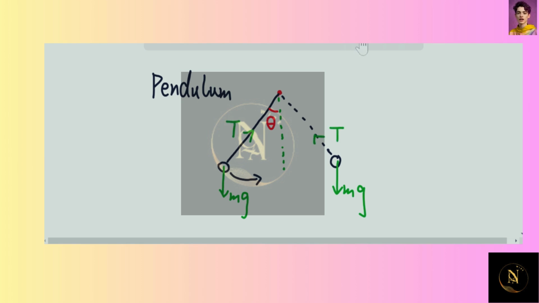And if I decompose the gravity, there will be mg cosine theta going along the direction of the tension, which is like this. So mg cosine theta. And there should be mg sine theta here, like this. And same thing for this side.